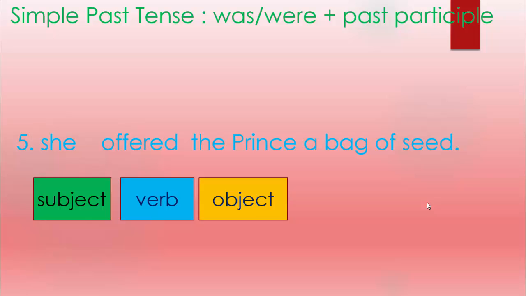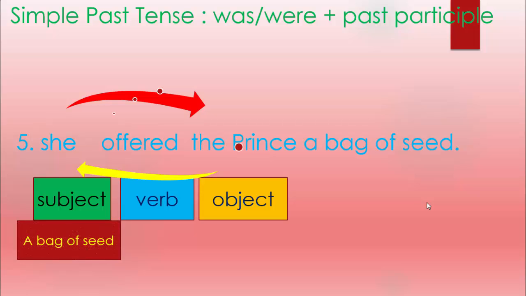I told you that if we ask the question, what is the action done, you will get the direct object. If we ask the question, to whom is the action done, the answer you get is the indirect object. So firstly, I take a bag of seed.